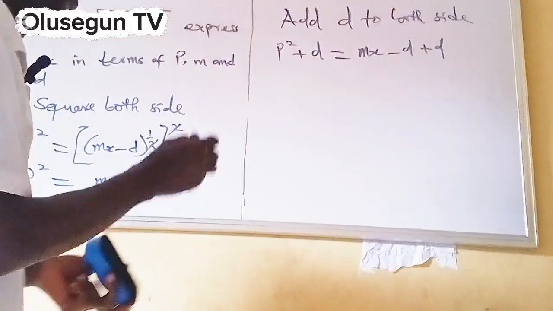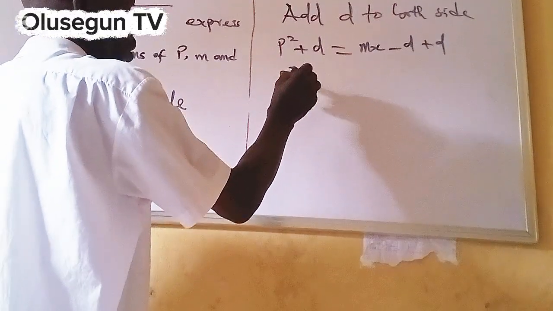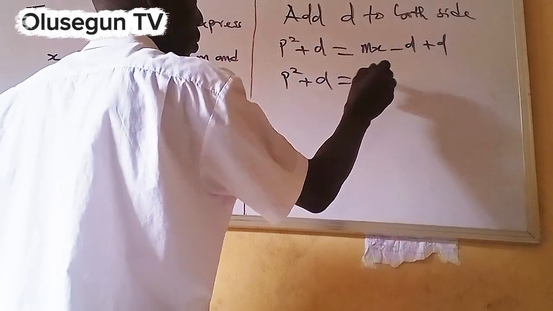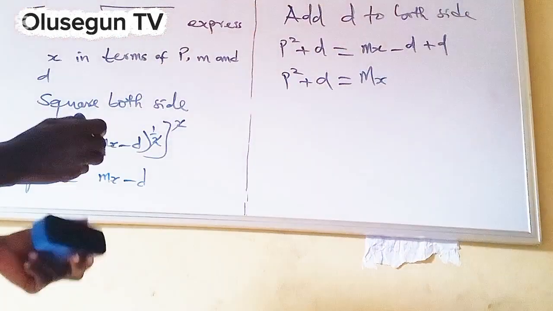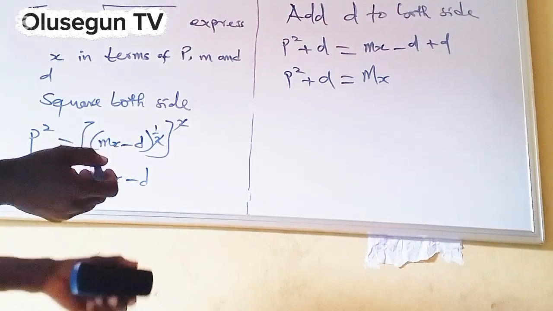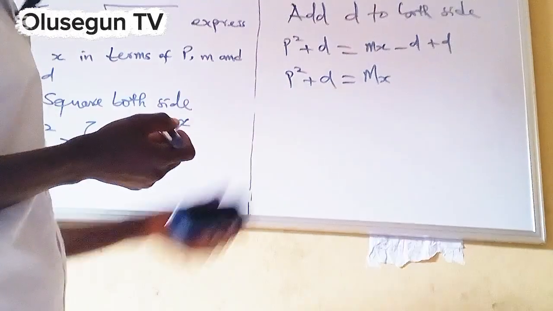Are you following? So you are going to be left with p square plus d is equals to mx. Now, we are getting close to the answer. x is what we are told to look for.